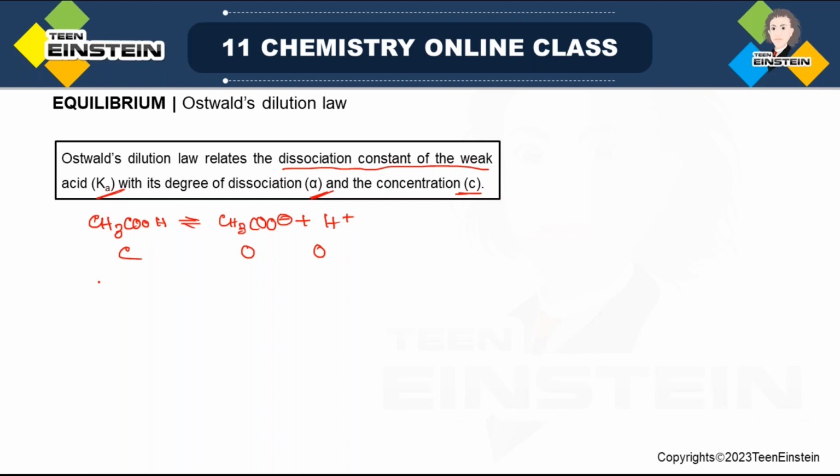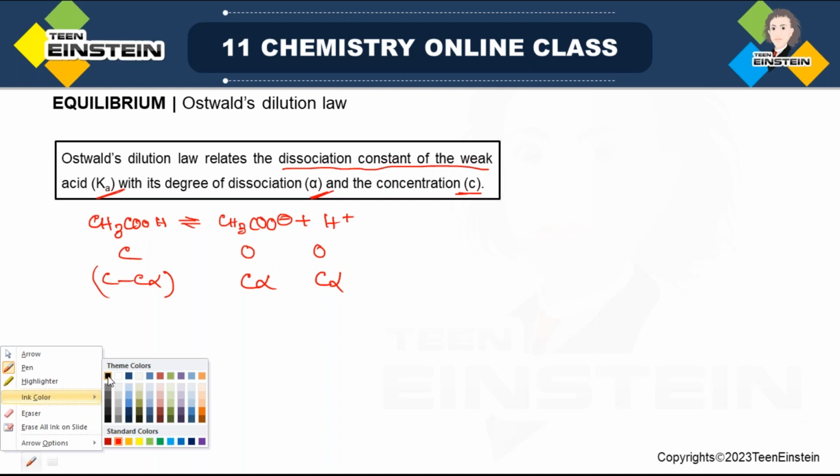So the remaining concentration at equilibrium, that will be C minus C alpha. So the same thing we have already done in the last class. And as it is 1:1, that means from 1 mole of CH3COOH, you will get 1 mole of CH3COO minus and 1 mole of H plus. So that is why these two are also C alpha and C alpha.